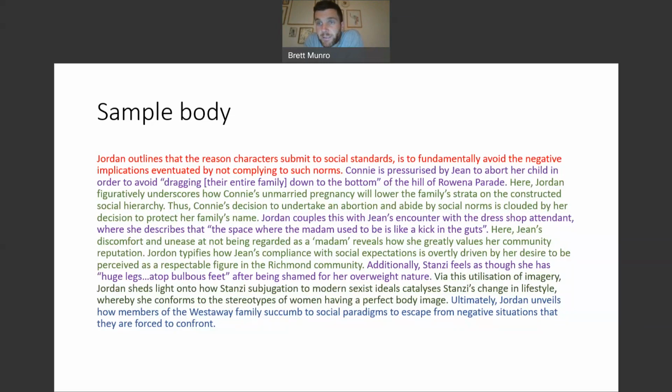Take note here that in this body paragraph, and I have color-coded it, you'll notice that there's three pieces of evidence. Purple, green, purple, green, purple, green. It could potentially have that evidence explained in a little bit more detail. If you were to do that, you might want to just take out one of the pieces of evidence, maybe the second piece, and use Stanzi to compare against Connie.